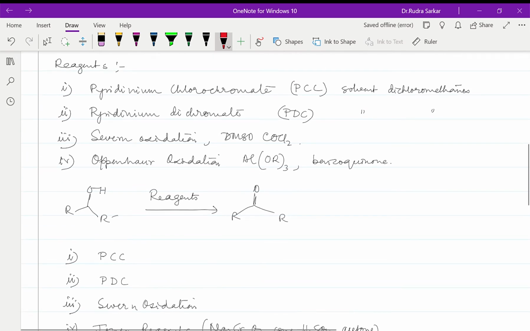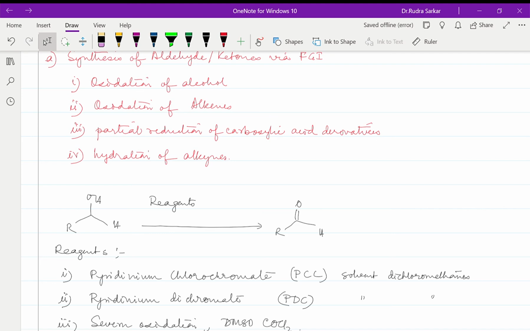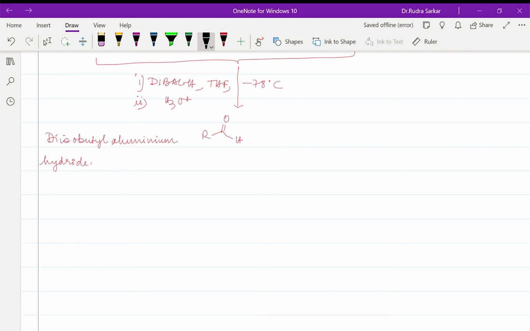Now, if we were to synthesize the aldehydes and ketones from alkenes, then what one may think of is the use of ozonolysis. Suppose this is our structure for the alkene. Whether a ketone or an aldehyde will be produced will depend on the structure of the alkene, that is, what the alkene bearing carbons are having.